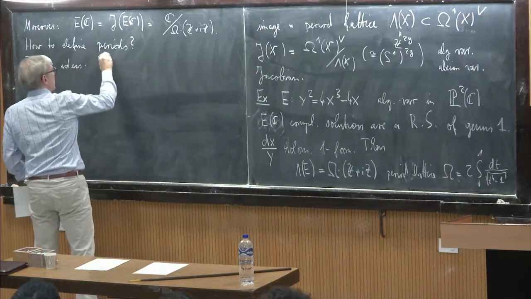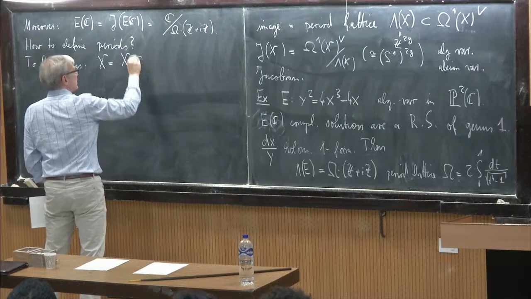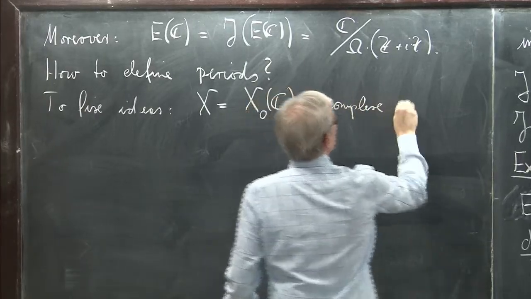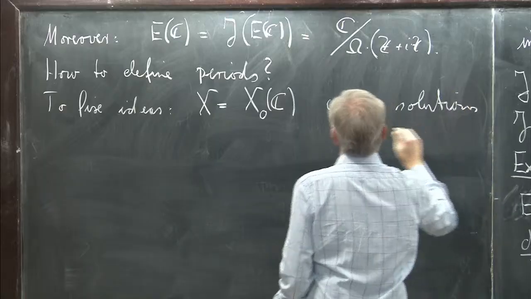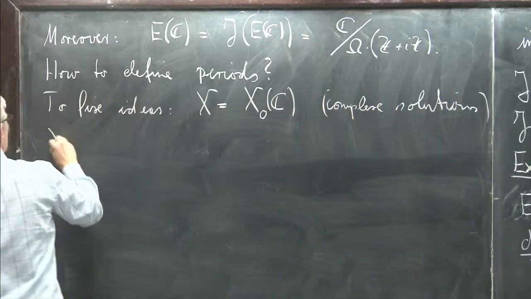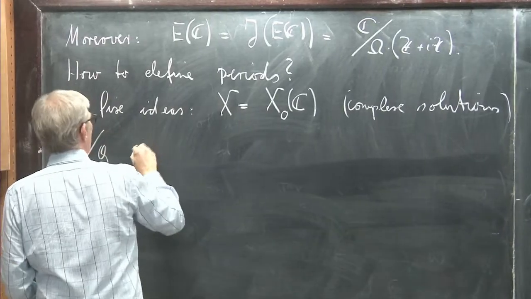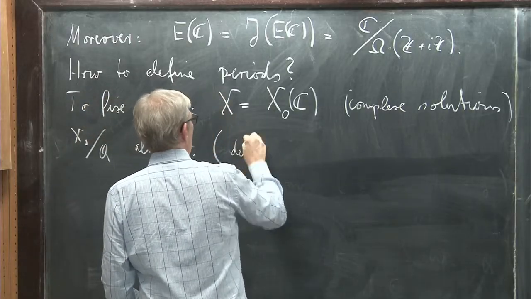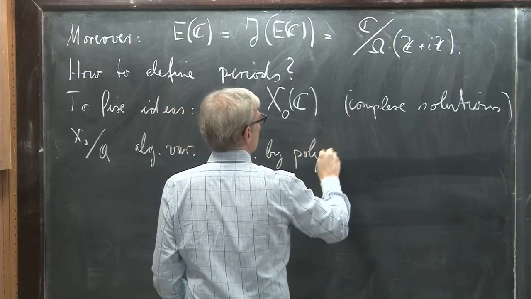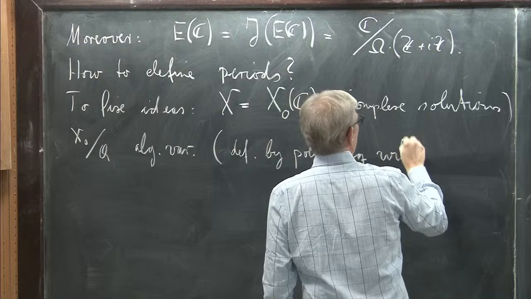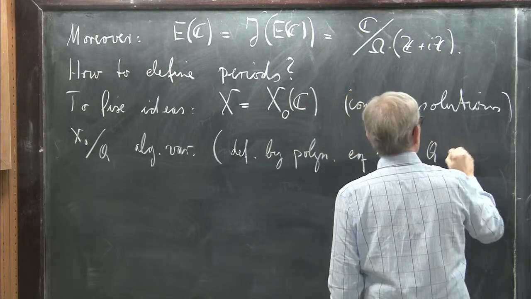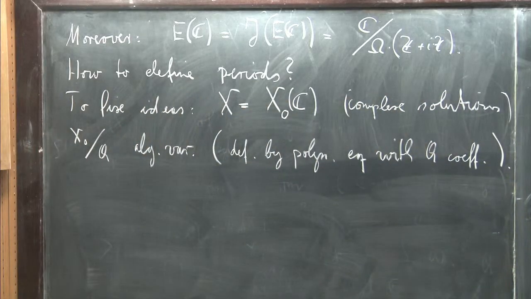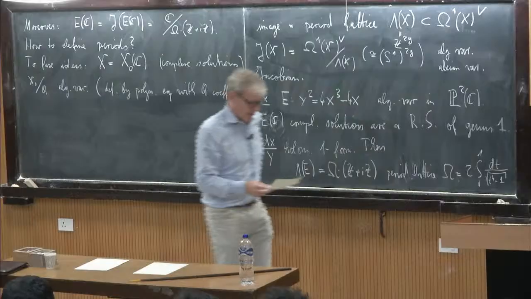So X is the complex solutions of an X0, and X0 is an algebraic variety defined over Q. This means defined by polynomial equations with Q coefficients. Okay, this should be good enough to do number theory.